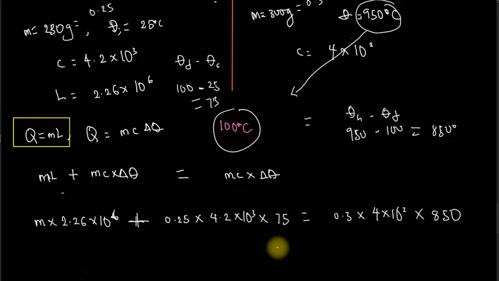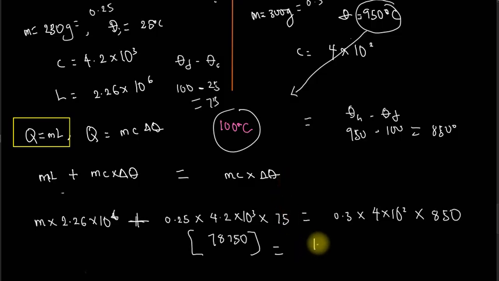So times 75. So we have 78,750 from this, is equal to, so multiply this out to have 0.3 times 4 times 10 raised to power 2 times 850.